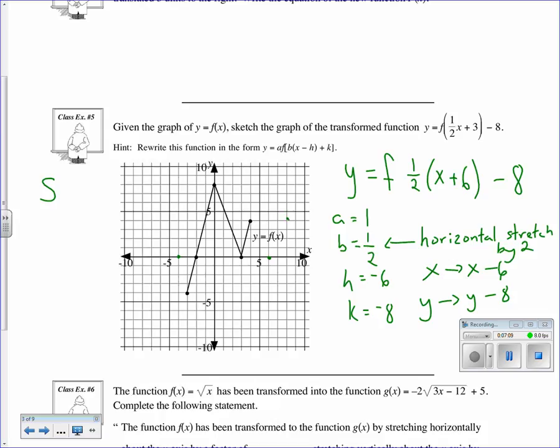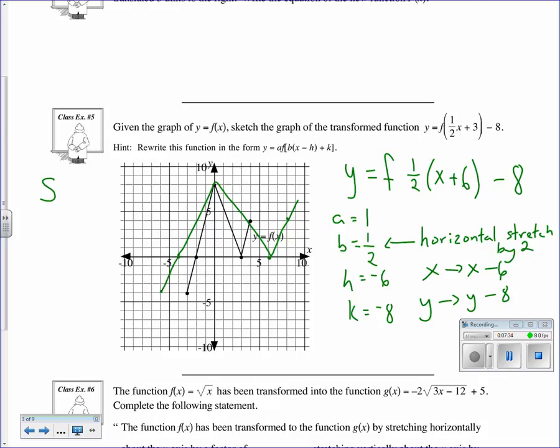My y values stay the same. So I get to go through the same y, up, down, and through there. And now every point has to have, oh, and I missed this dot here. So this is at -3. It's going to go over to -6. So my dot goes somewhere there.